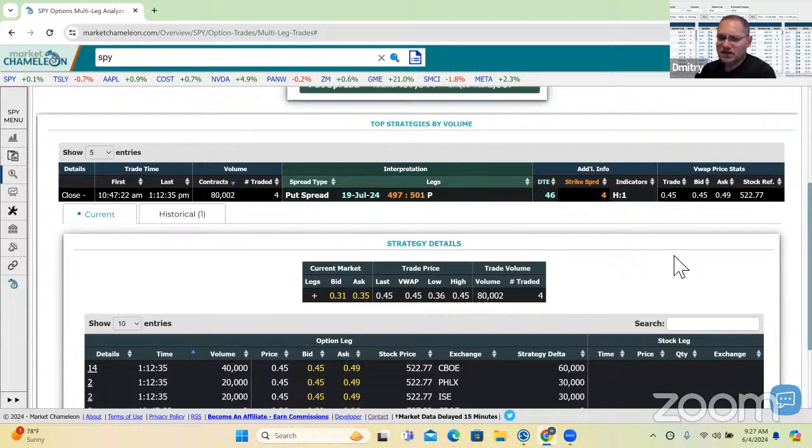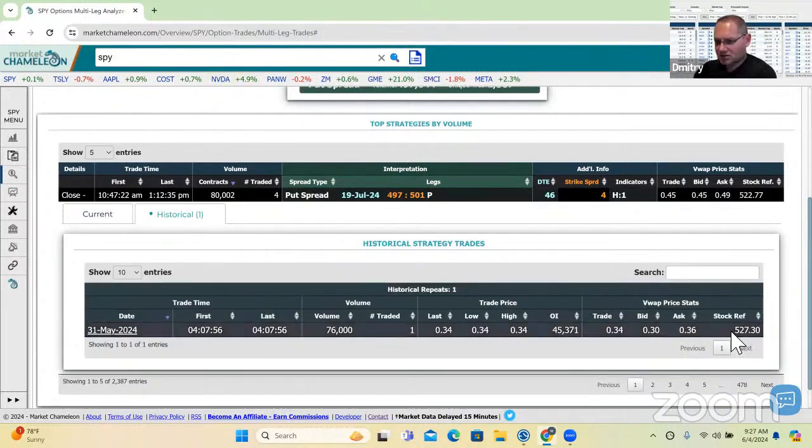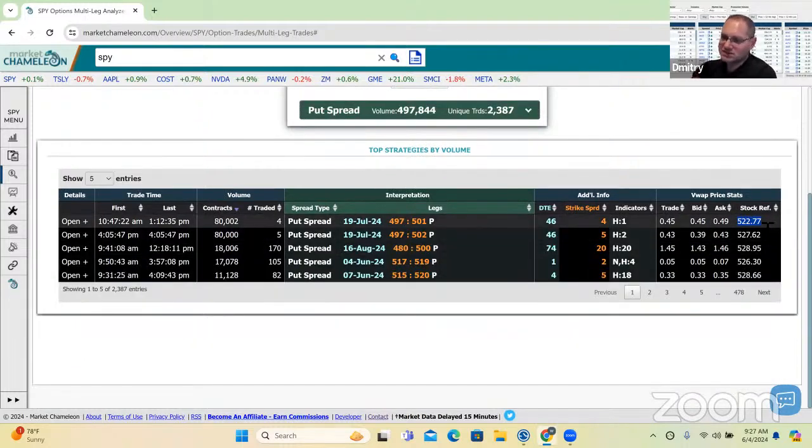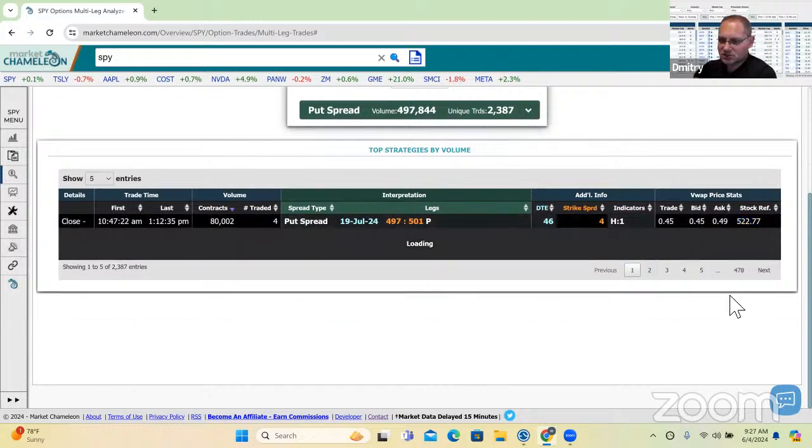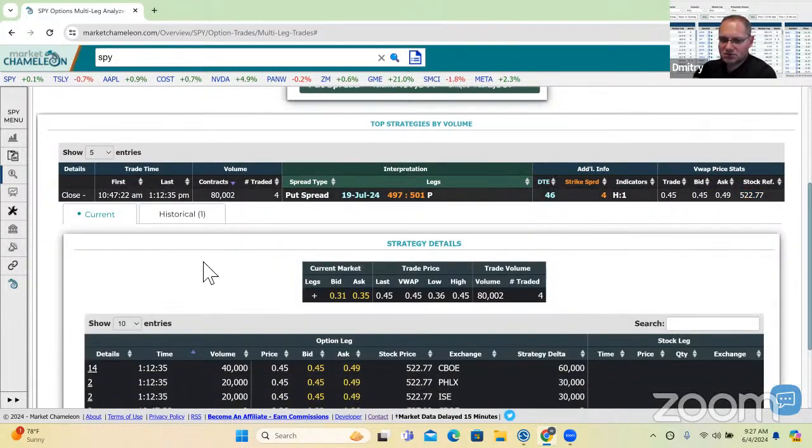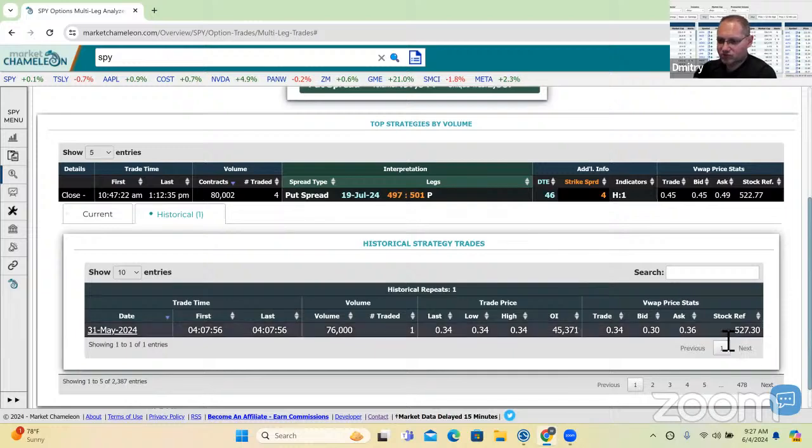So the market declined, right? Let's look at those stock prices again. The market there was 527.30. Now you can see here the reference price 522.77. So the market declined from 527.30 to 522.70.